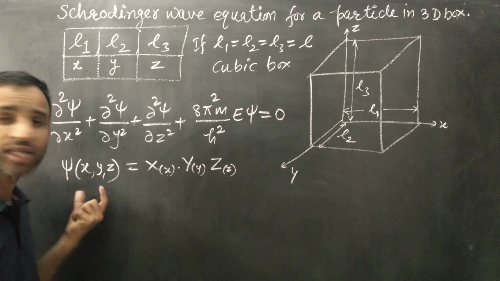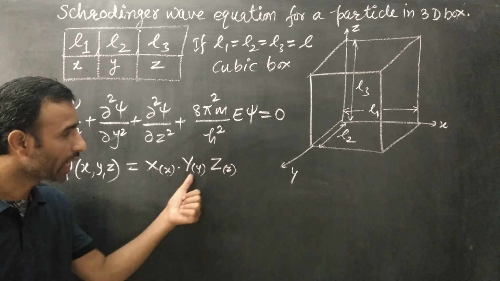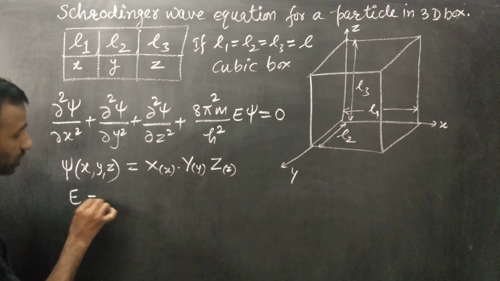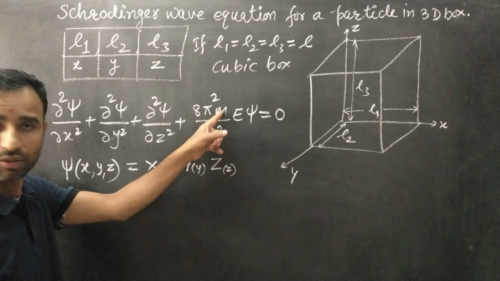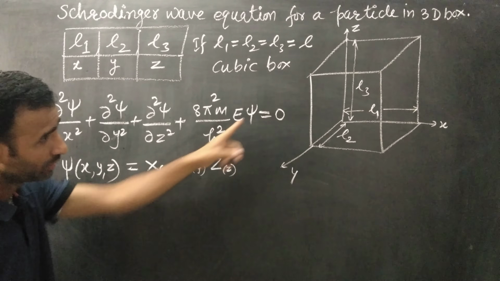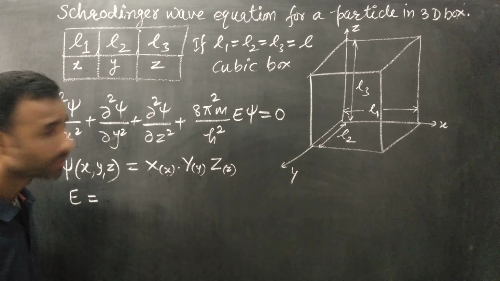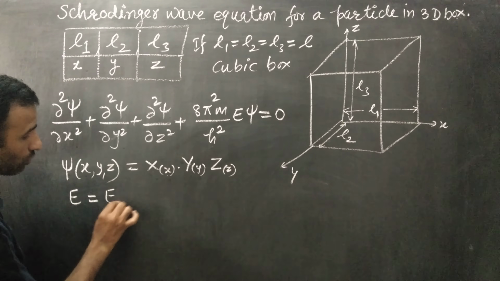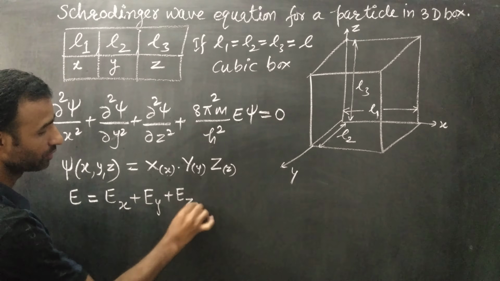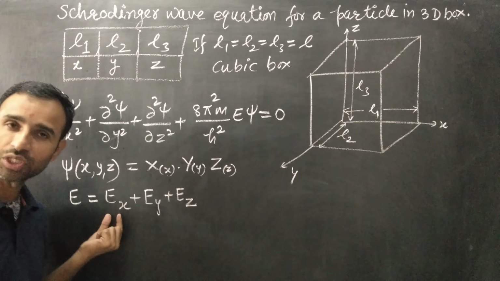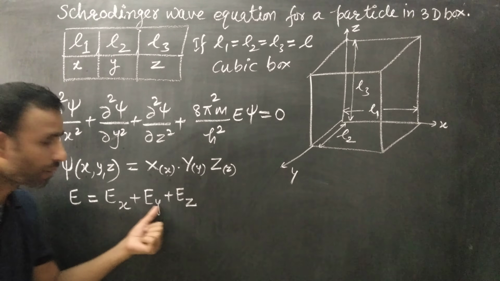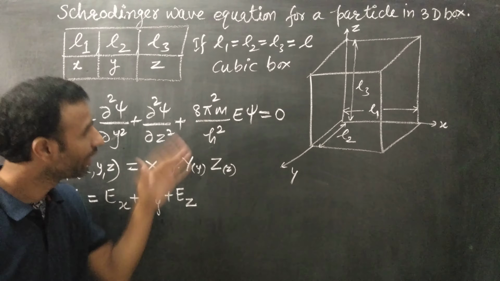Means psi has three parts, X, Y and Z. And you know, E is the total energy, m is the mass of the particle, h is Planck's constant, psi is the wave function. Now E is equal to Ex plus Ey plus Ez, the energy along the x-axis, y-axis and z-axis. Energy has also three parts.